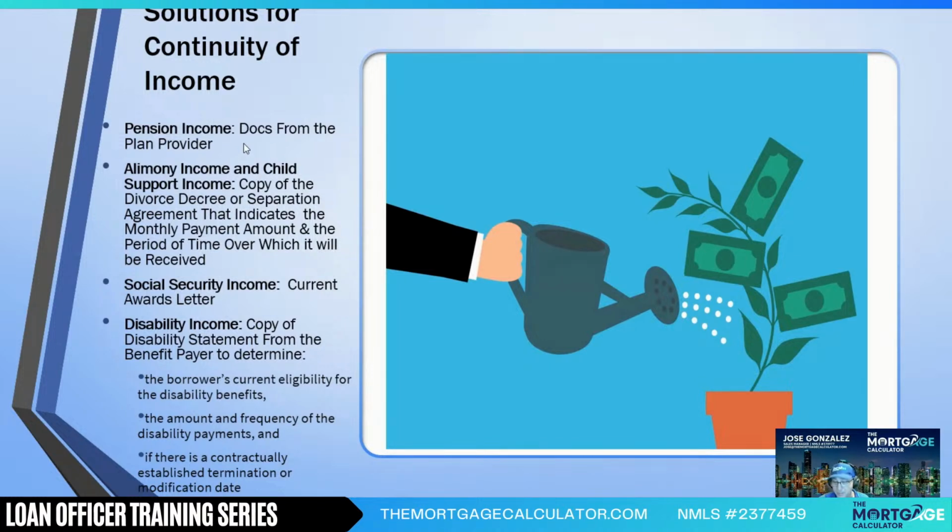So, hope you guys got the message there. This is a really good one because we do get a lot of borrowers, co-borrowers that have this type of non-employment income.